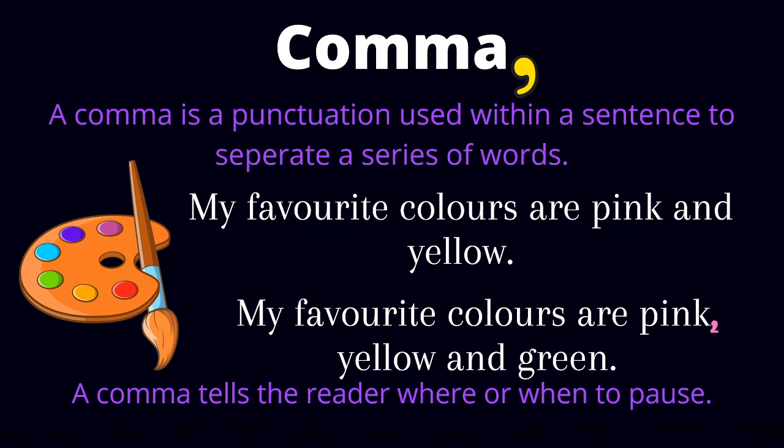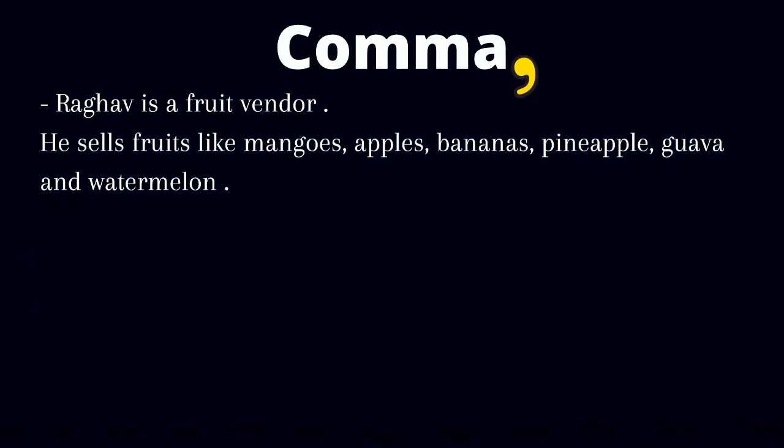A comma tells the reader where or when to pause. It's very important, children. You need to understand the meaning properly. A comma tells the reader where or when to pause. Let's have some more examples to understand the comma better. Raghav is a fruit vendor. That means he sells fruits.